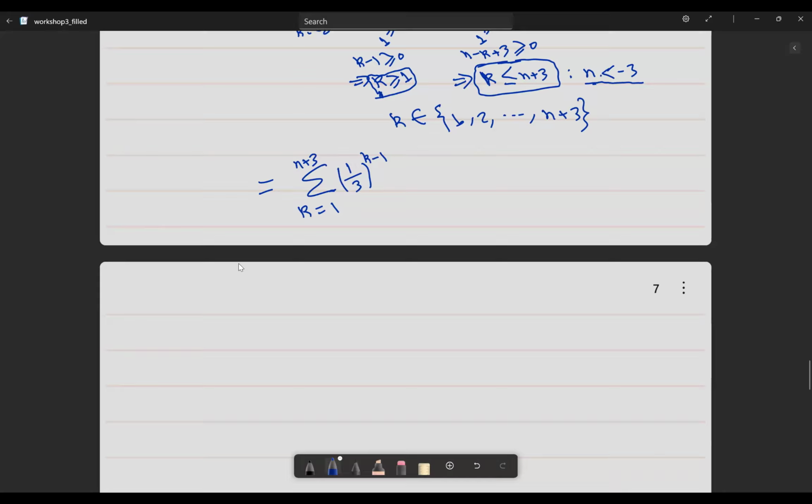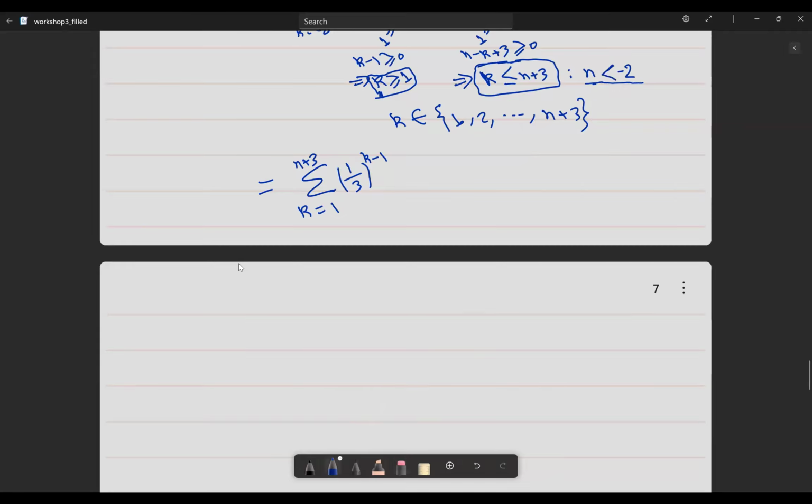Actually, we can make it stricter, less than minus 2, and let me remove the equality as well.